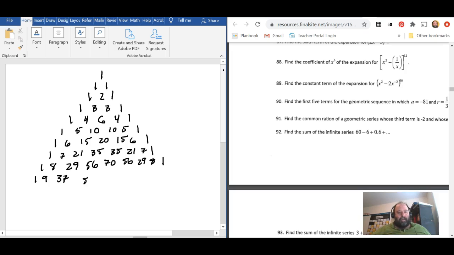6 and that's 15, carry the 1, 70, 85, is that right? 29 and 56 is 85? Yeah, that's good. 56 and 70 is 126. Another 126, 56 and 29 is going to be 85, then 37, 9, 1.